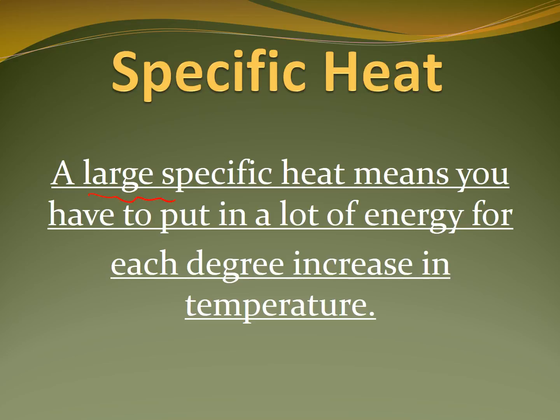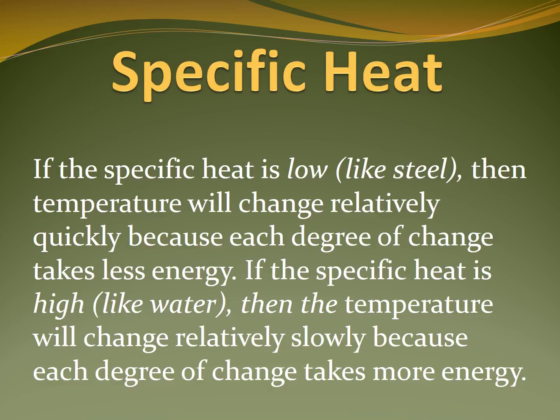So the larger the number you see for that specific heat, more energy. Okay. If the specific heat is low, like steel that we were just talking about, then temperature will change relatively quickly because each degree change takes less energy.